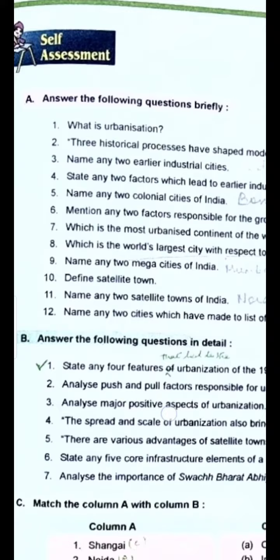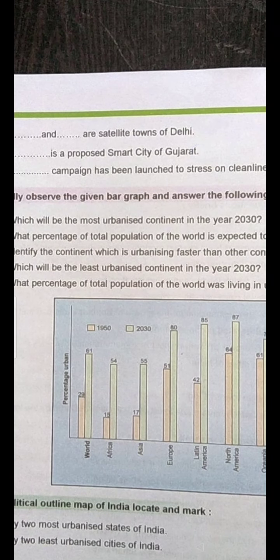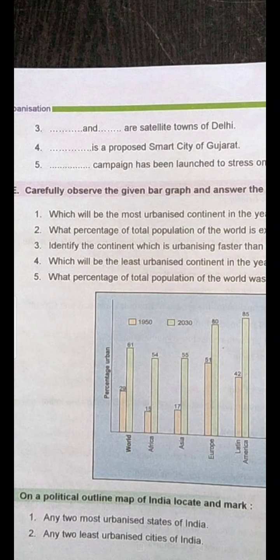Okay, we come to the next page, and the next question: dash and dash are the satellite towns of Delhi. There are several satellite towns of Delhi: Gurgaon, Noida, Faridabad, Ghaziabad, and you can name any two.